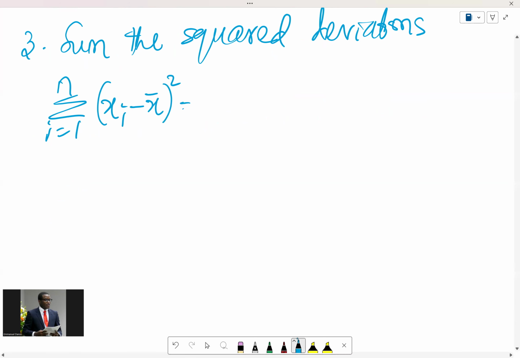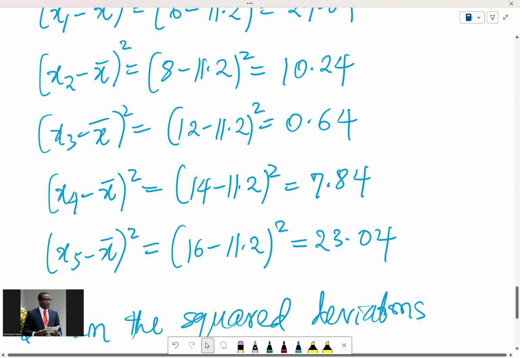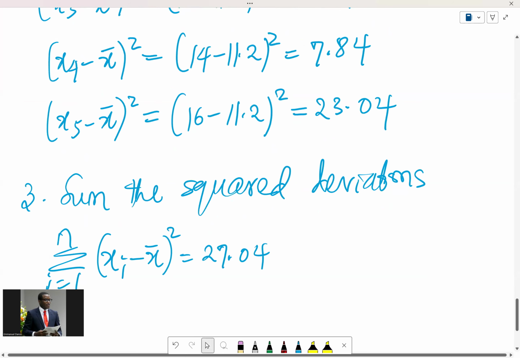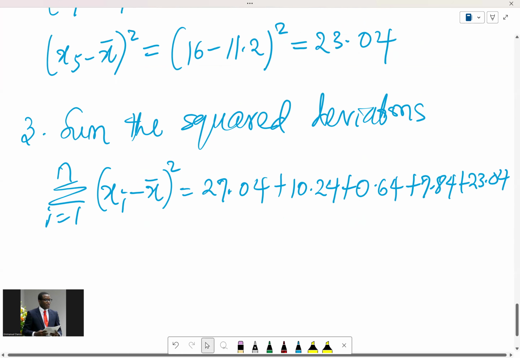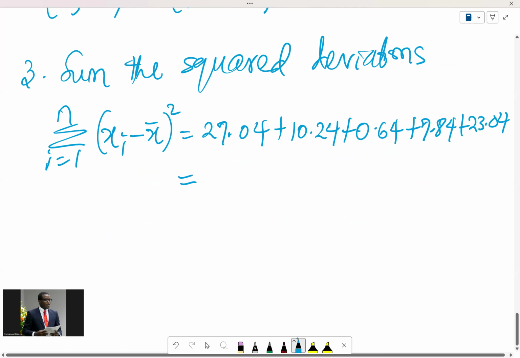So you have 27.04 for the first one, then 10.24 for the second, plus 0.64 plus 7.84 plus 23.04. All of this together will be 68.8. So we have 68.8 there.